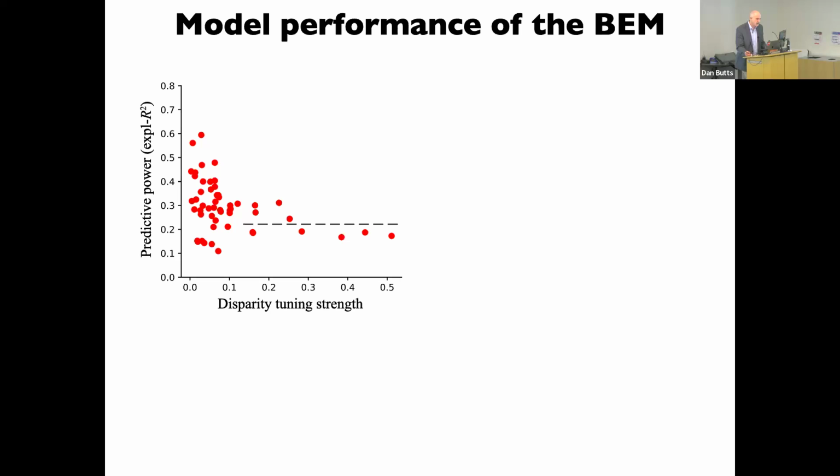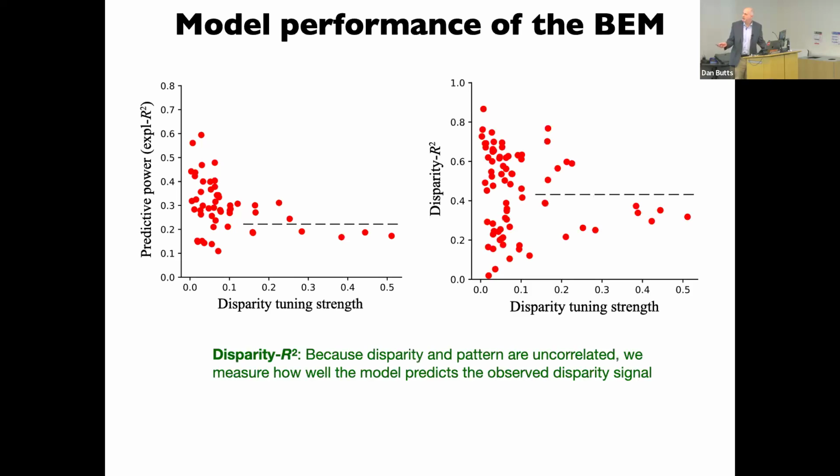This you can do across all the neurons we recorded from. And along this x-axis is a measure of how strongly tuned to disparity the neuron is. And you can see that this is where essentially you have noise-free estimates of the disparity tuning. Oh, I'm sorry, this is the predictive power, how well it explains overall the disparity tuning.